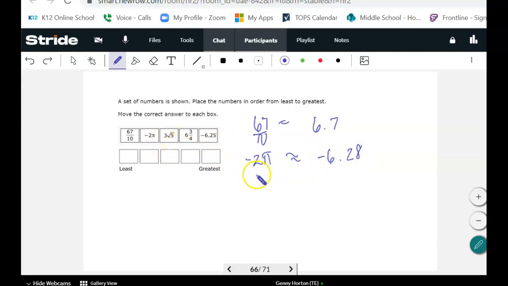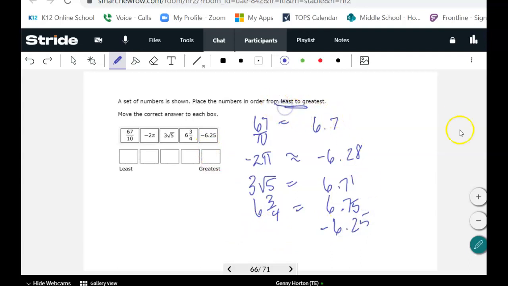Then we have 3 square root of 5. Use your calculator. You can just do 3 times second x squared 5. It'll do it all together, approximately 6.71. And 6 3/4. Remember, 3/4 is 0.75, so that's 6.75. And then you have negative 6.25.